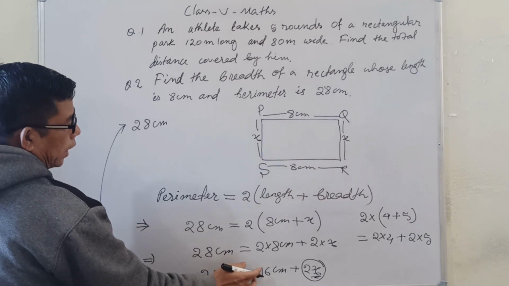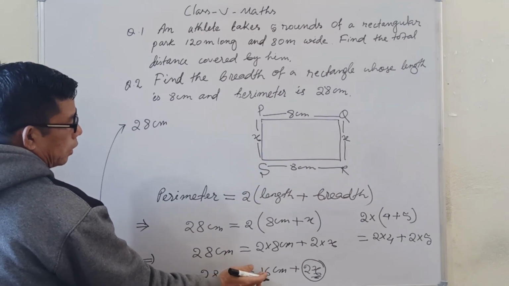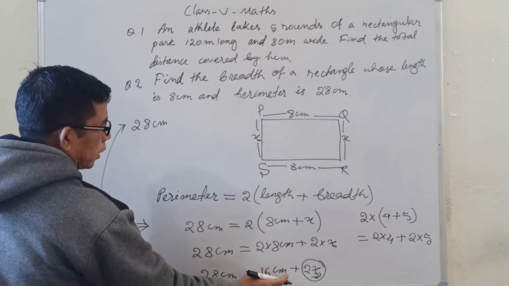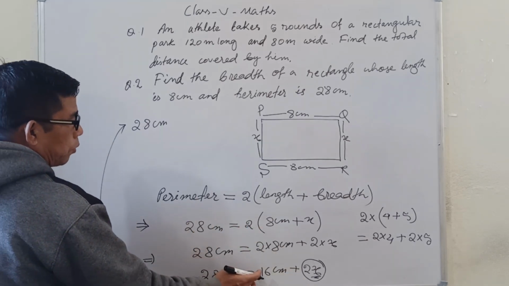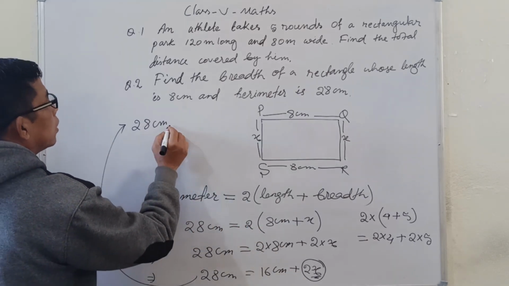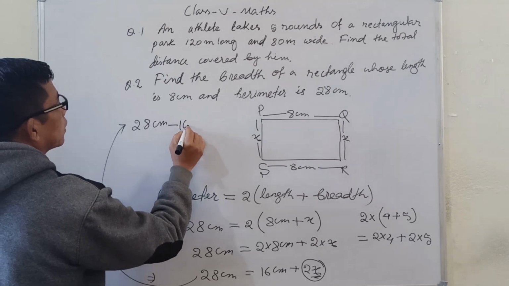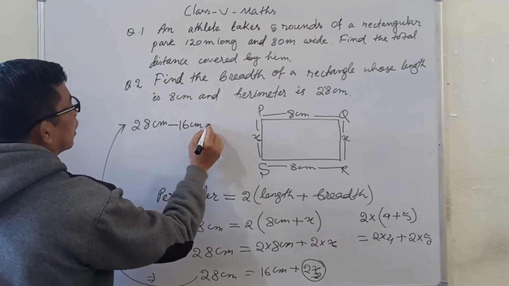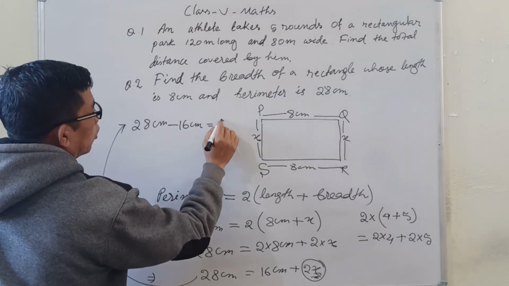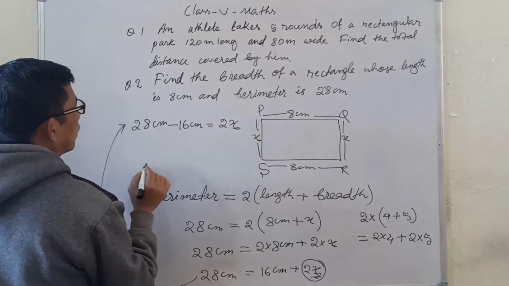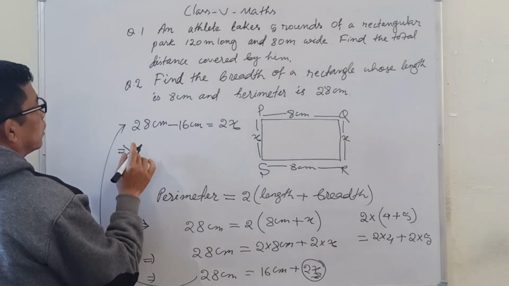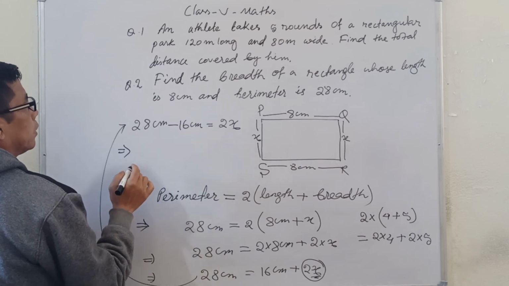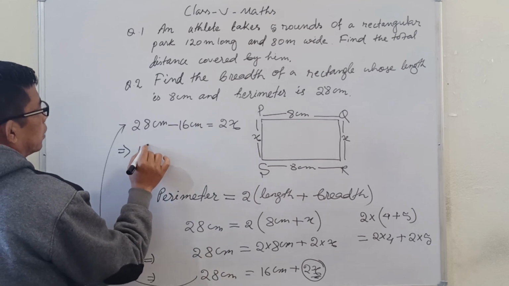Then no sign here means plus. If one term moves from one side to the other side, then the sign will be changed. So this plus will become minus, and 2x is not moving, so no change of the sign. 28 minus 16 will give 12.